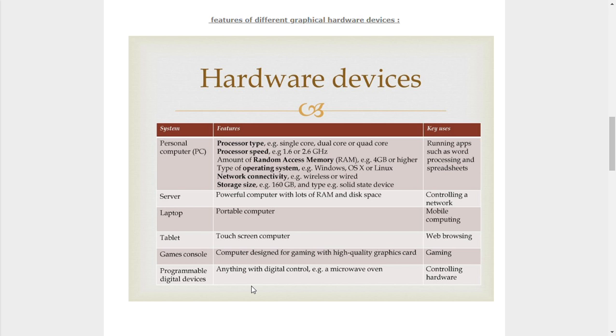Digital control like an oven or an electric gas, something that you control digitally, something like Google Home or Alexa. You first set it up with a digital control, and then it automatically works with a voice command. So this is basically like controlling hardware, and that's the basic use of it.